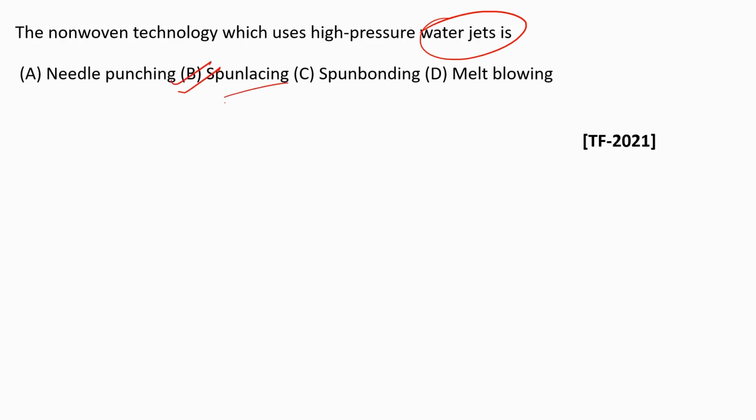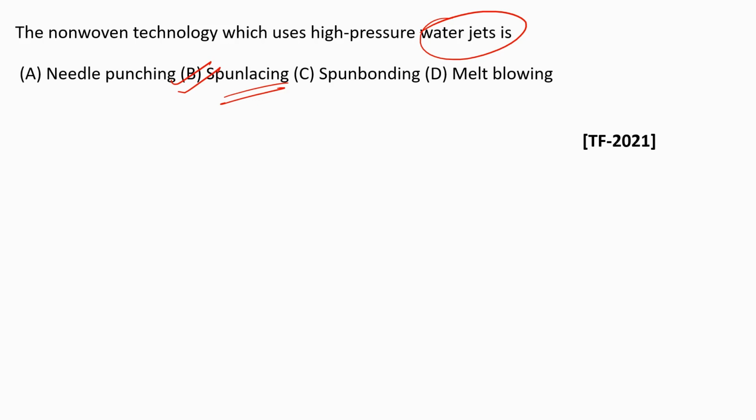So what is spun lacing? Basically spun lacing is a process of entangling a web of loose fibers that are loosely held on a porous belt, forming a sheet structure by subjecting the fibers to multiple rows of fine high pressure jets of water.